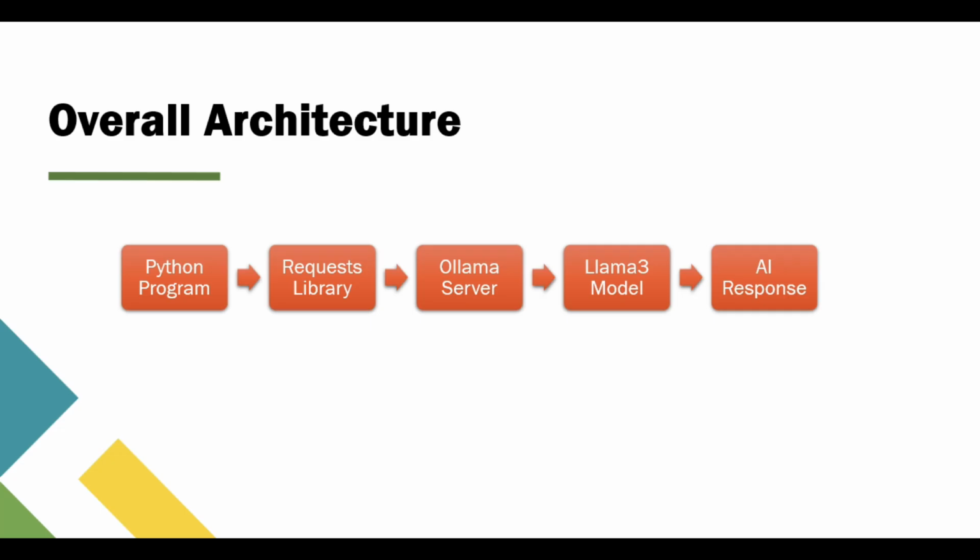That is called the AI response. The AI response is passed back through the Ollama server, formatted as JSON, and delivered to the Python program. I hope you will understand the architecture completely.